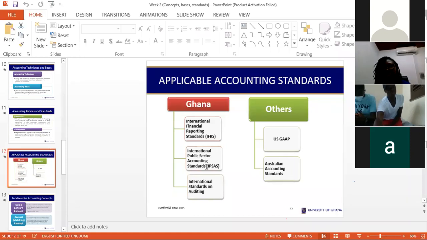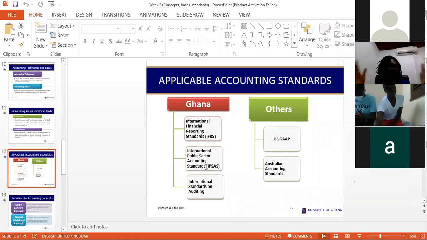Now, in other countries, they have their own accounting guidelines for the treatment of transactions. Of course, that should tell you that everybody can decide based on your environment, based on your issues. For instance, we found oil. We can decide, but we must always make reference to the conceptual framework.